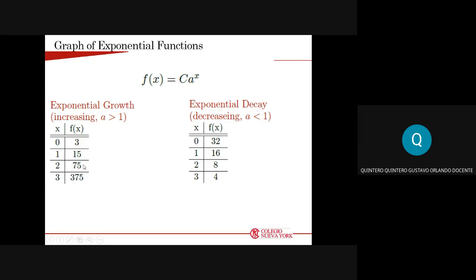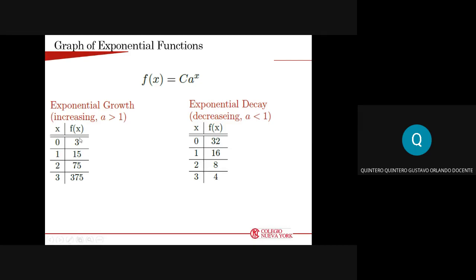When x equals 3, the function is a lot bigger, 375. As you can see, guys, the value of the function is increasing. This is called exponential growth. Go ahead and write it down, please. Exponential growth means the function is increasing, going up. All right?